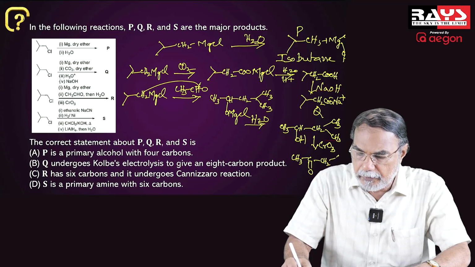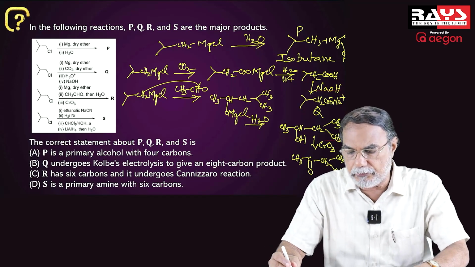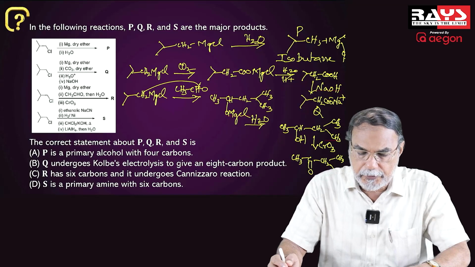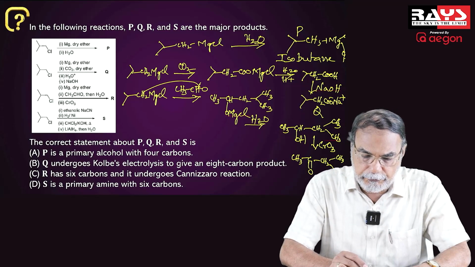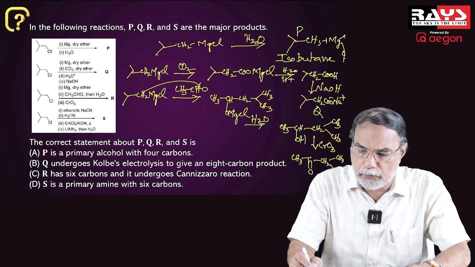So very common reactions, fundamental reactions characteristic of aldehydes and ketones. So I repeat, the first reaction, the isobutyl magnesium chloride, the Grignard reagent, hydrolysis by water gives isobutane as a product, a hydrocarbon.